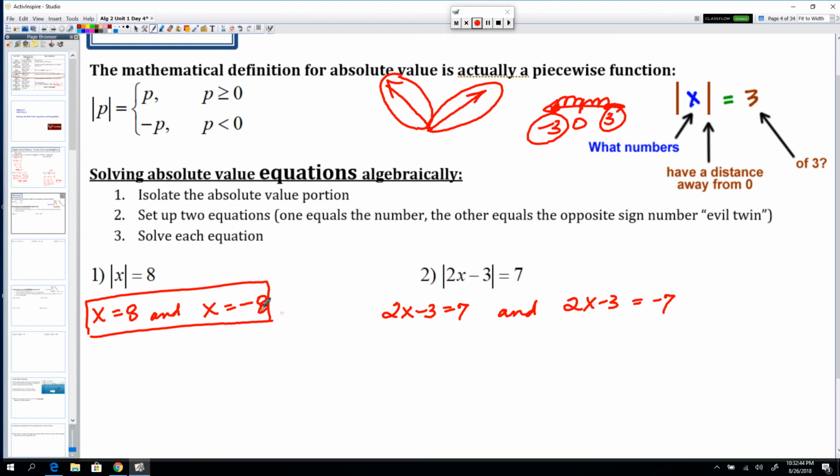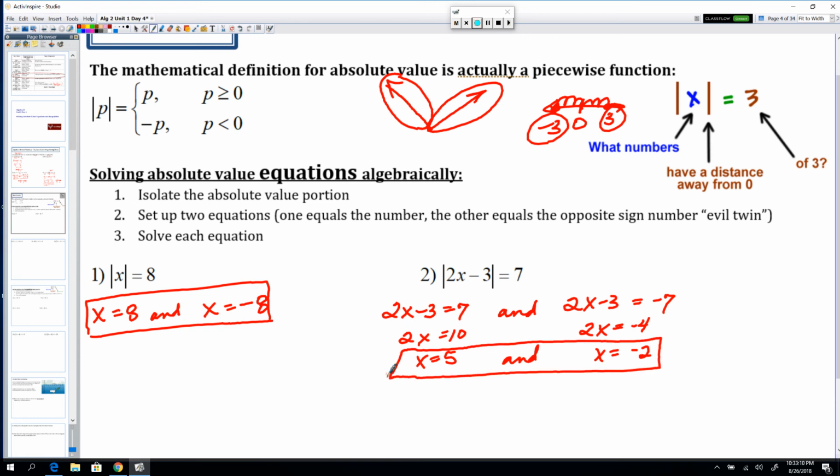Now we solve, because unlike the first one, we don't have x by itself. We have a couple more steps to do. So we'll add 3 to both sides, divide by 2. There's the first part of our answer. Add 3 to both sides, divide by 2. That's the second part of our answer. We have two answers to this. Absolute values should always have two parts to their answers. If that went too fast for you, go ahead and pause and replay that.